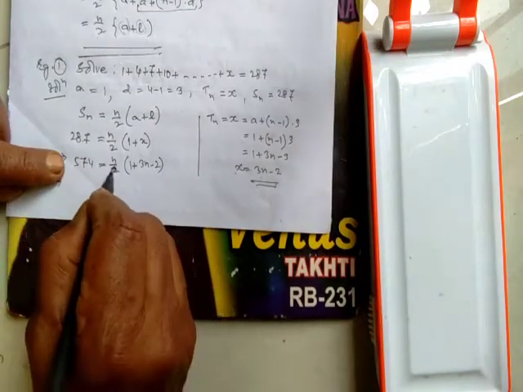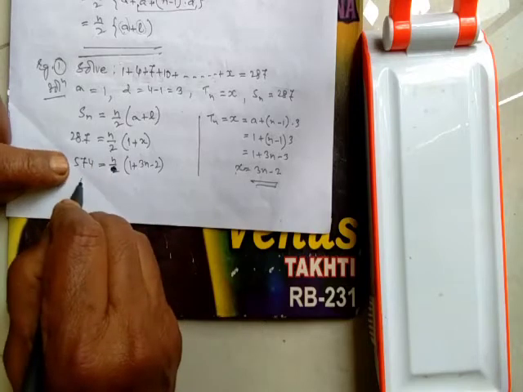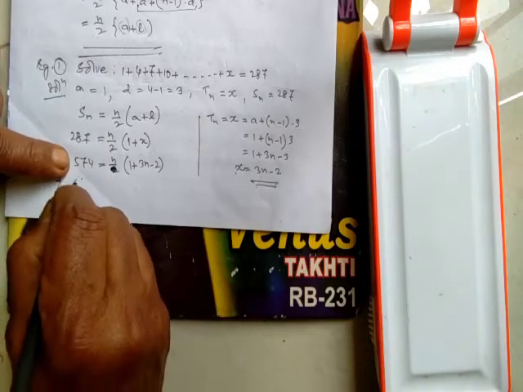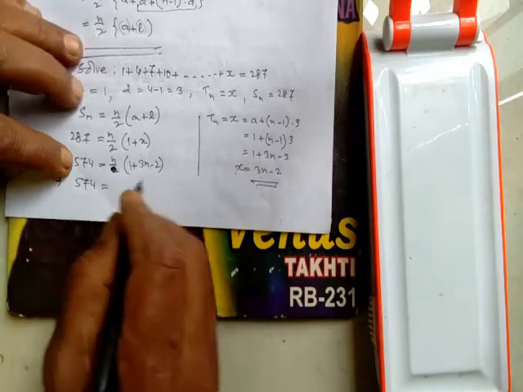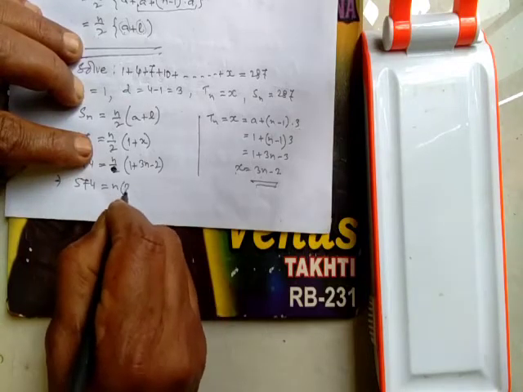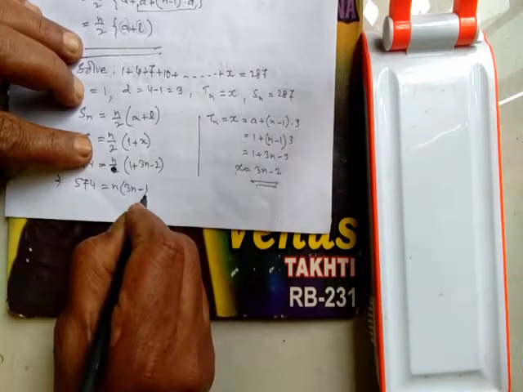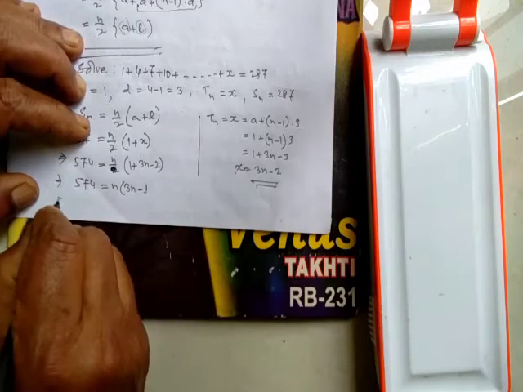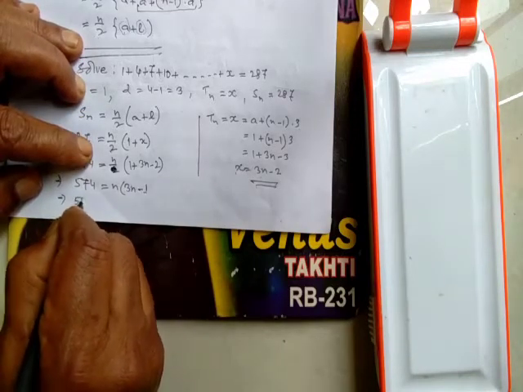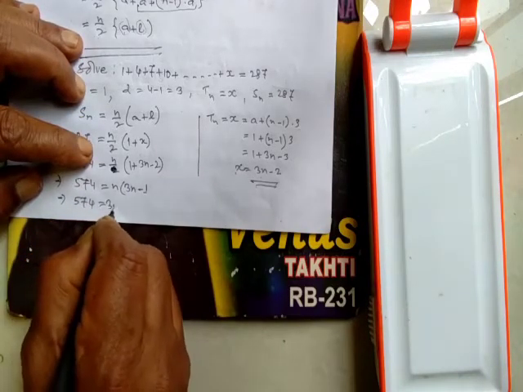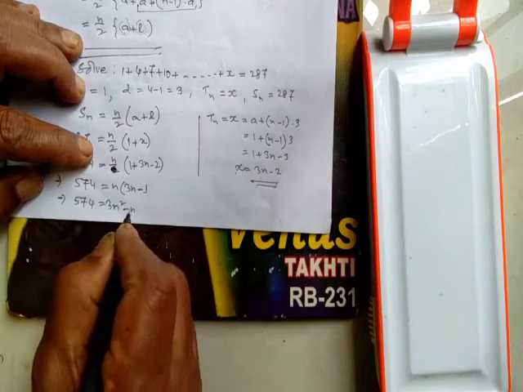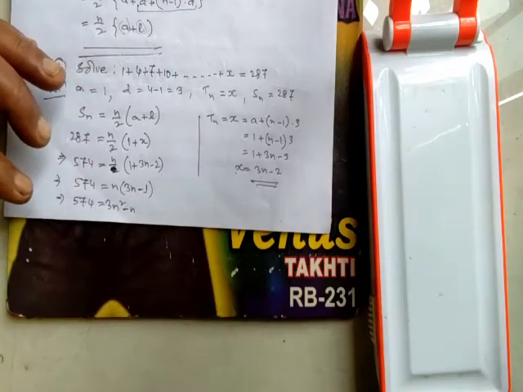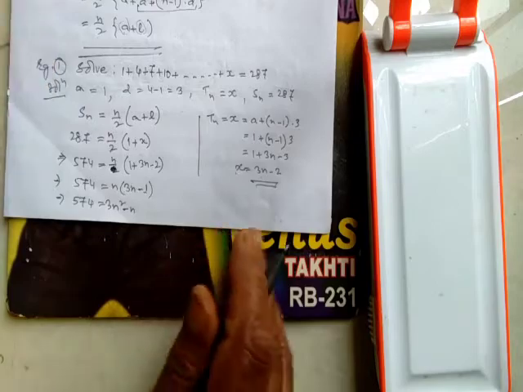Sorry, this 2 is gone already. This is multiplied here, it came here. So 574 is equal to n into (3n minus 1). This implies 574 is equal to 3n square minus n. I'll change the page.